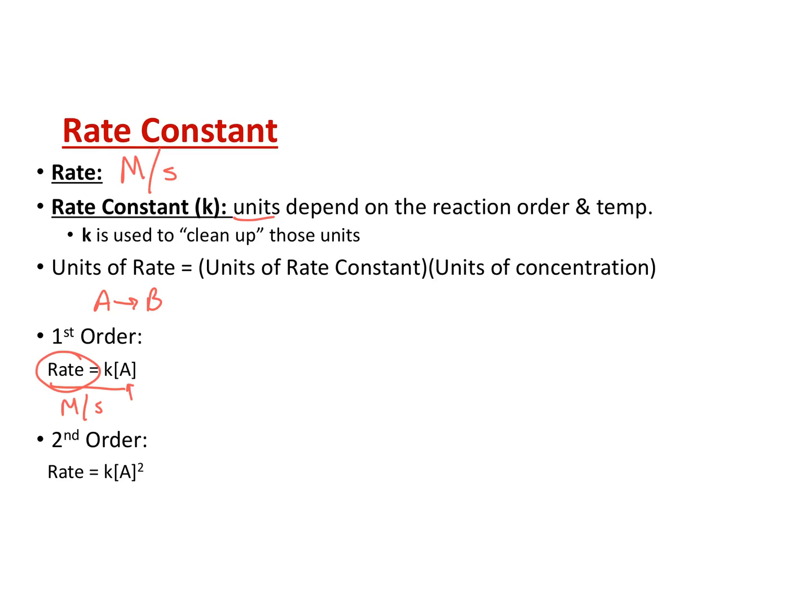So to solve for my rate constant, I'm going to just divide both sides by A. So I have rate of the reaction equals rate constant times concentration. If I take a look at the units, concentration cancels out and I'm left with my rate constant equals my rate divided by the concentration of A. So all I'm going to do now is plug in the units.